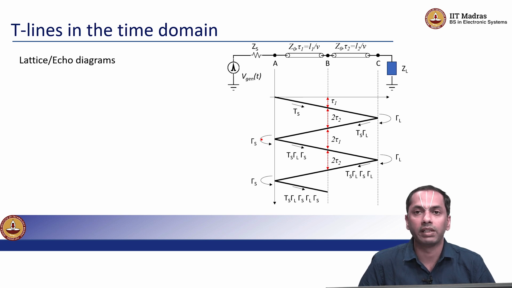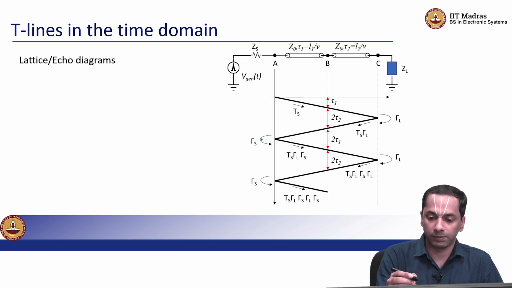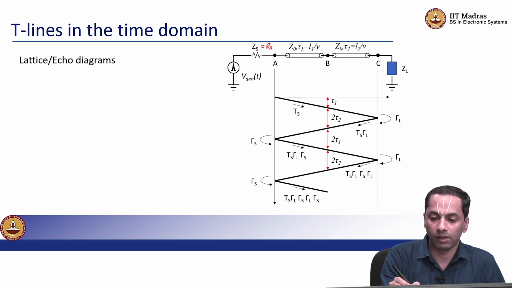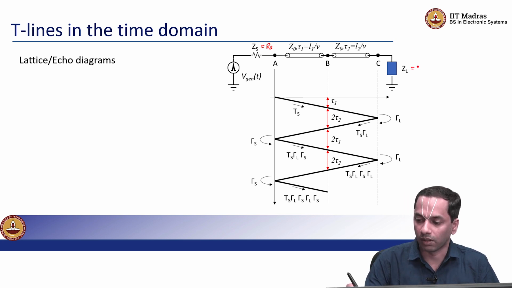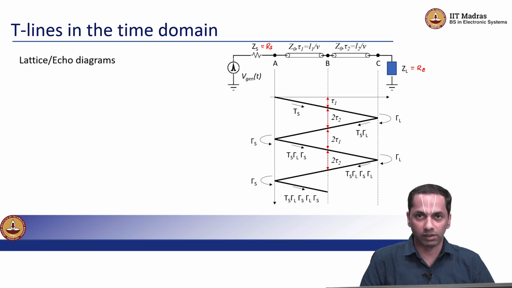This is a very simple circuit where you have a source voltage, a time varying voltage, which can be say a simple pulse like the mechanical pulse you saw, and has a source resistance, Rs, and then it is connected to a transmission line of some characteristic impedance Z0 and time delay tau 1 plus tau 2 connected to a load. For now, let us just consider simple resistive loads.